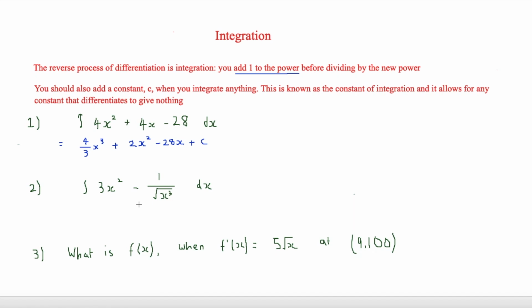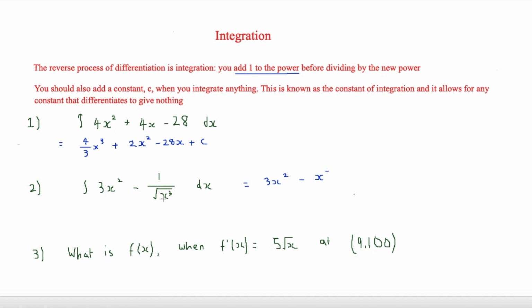So the next one, a similar sort of question, but just slightly more difficult numbers. So I'm going to rewrite this one. Obviously we've got 3x squared, that will stay the same. But minus 1 over the root of x cubed, you can make that minus x, and then because it's 1 over, it will be a minus.